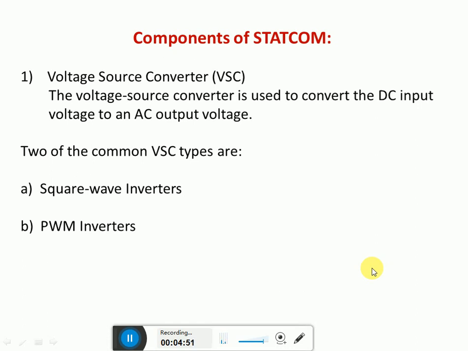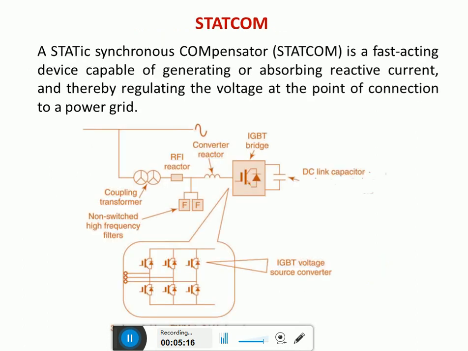We need to control the modulation index of the PWM modulator. By controlling the modulation index, we can get the variable AC output voltage at the converter output terminals. If you see the diagram here, we get the AC output voltage at this terminal.